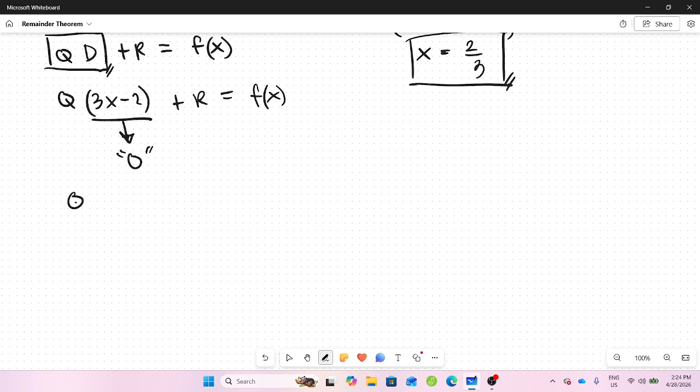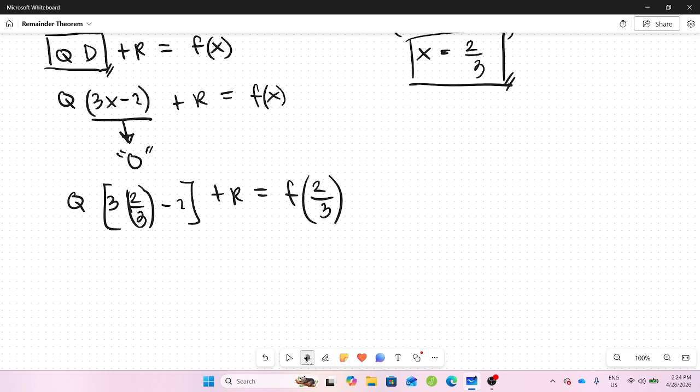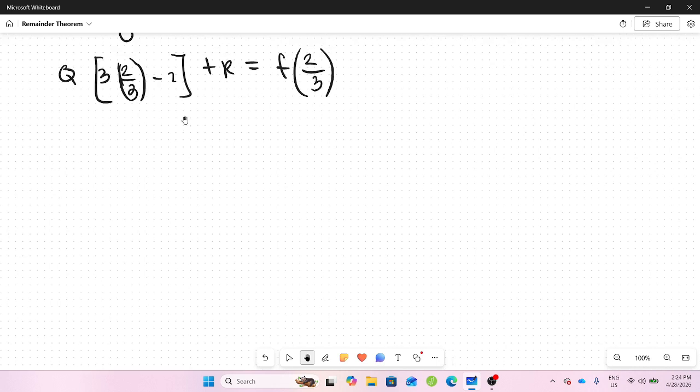So q here will be times 3 times 2/3 minus 2 plus r. Now instead of x, we have to substitute 2/3 to that function. So look, this term ends up to 0.